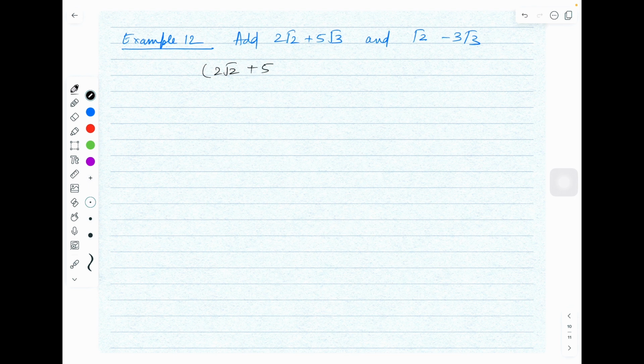Open the brackets, you will get 2 root 2 plus 5 root 3 plus root 2 minus 3 root 3. So 2 root 2 plus root 2 gives 3 root 2, and 5 root 3 minus 3 root 3 gives 2 root 3. So this is the answer.